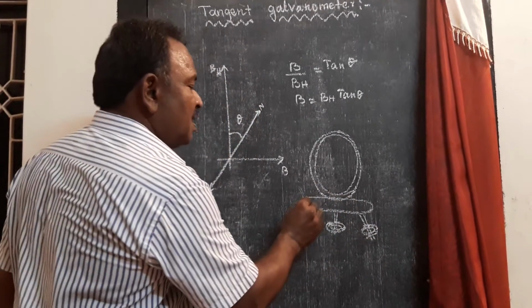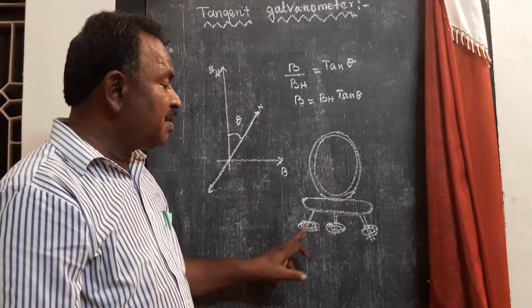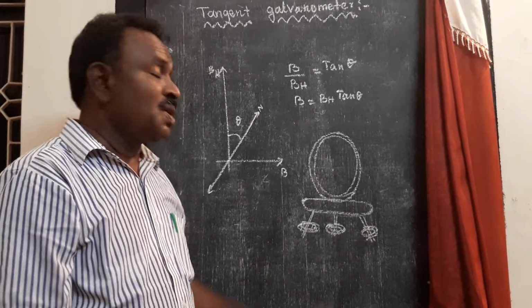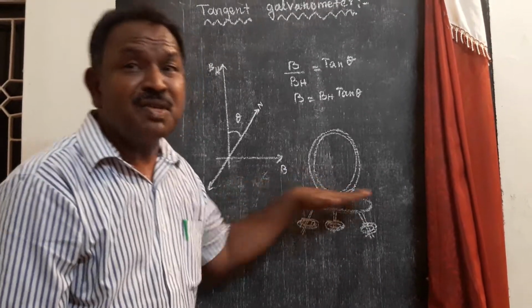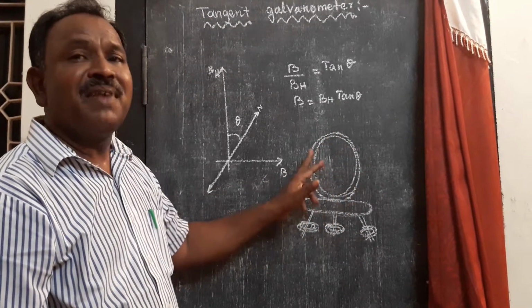So we are having a rotating turntable. This rotating turntable is having 3 leveling screws. By adjusting these 3 leveling screws, we can make the table horizontal. When the table is horizontal, the coil will be vertical.